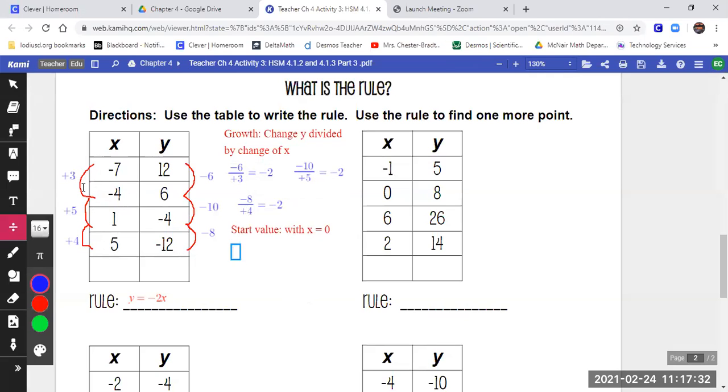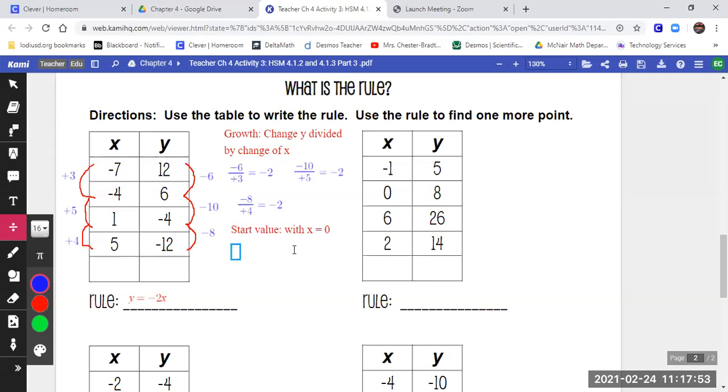So I have to think of how could I go about finding that gap. And the way you're going to do that is you're going to use the rule that we've got so far, and we're going to put in our X of 0 and figure out what the number at the end has to be for the Y to happen.